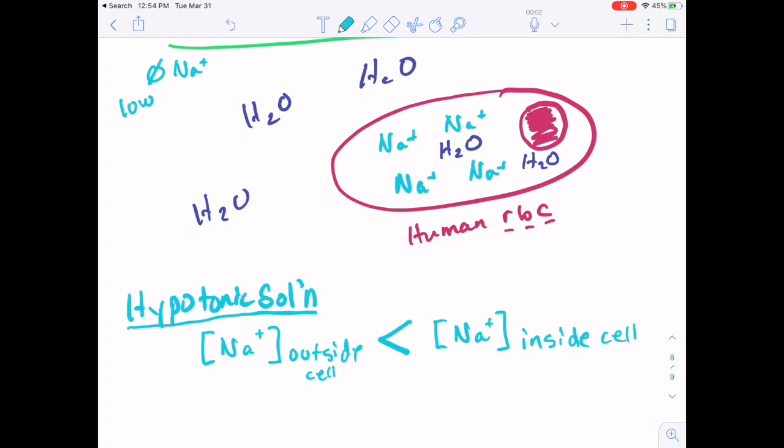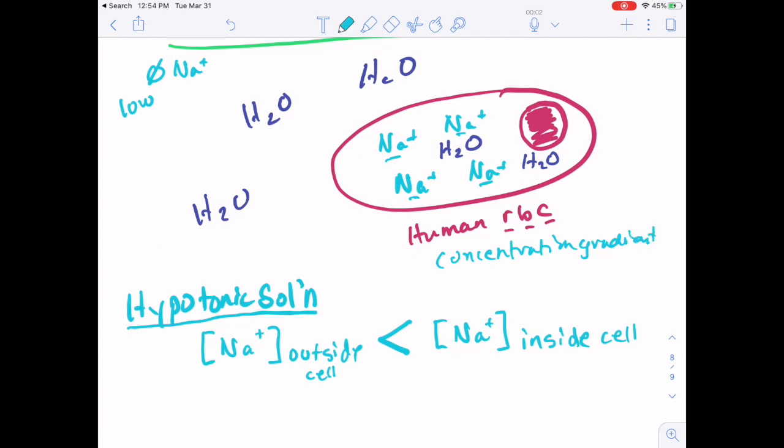All right, so if we've got a concentration of 1, 2, 3, 4 sodium, the concentration of 4 inside the cell and let's say 0 outside the cell, that is a concentration gradient.